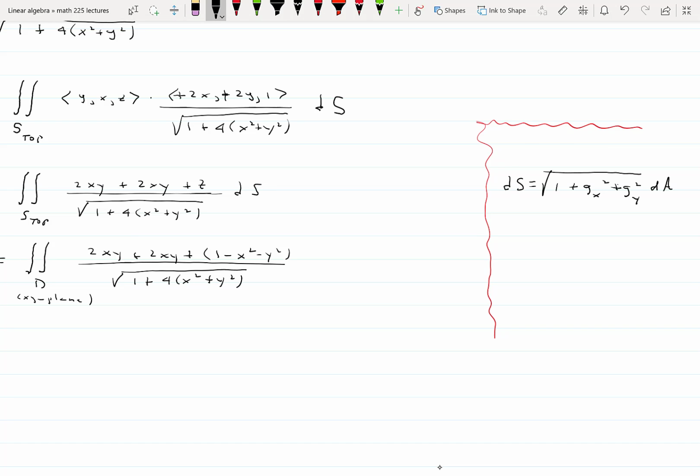Okay, and I'm going to write that explicitly here. Do not use formula 10 from the textbook on page 1170 of the text.